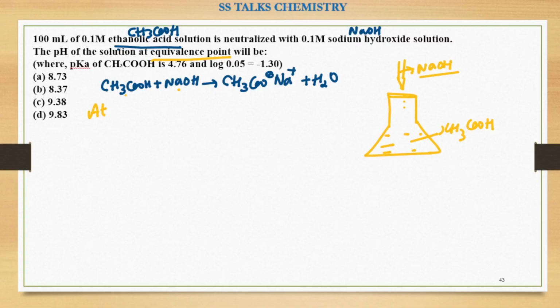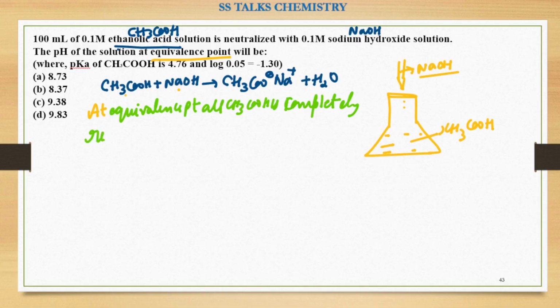So at equivalence point, all the acetic acid is completely reacted with NaOH, right?